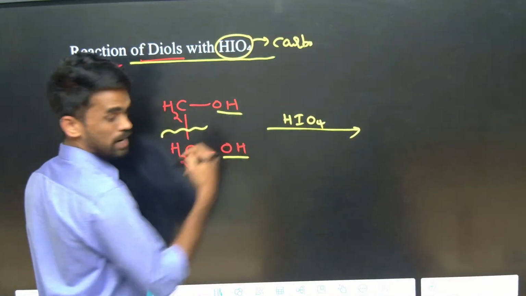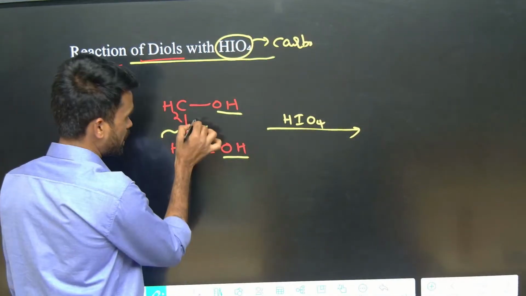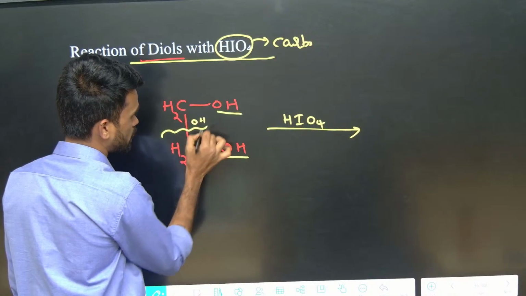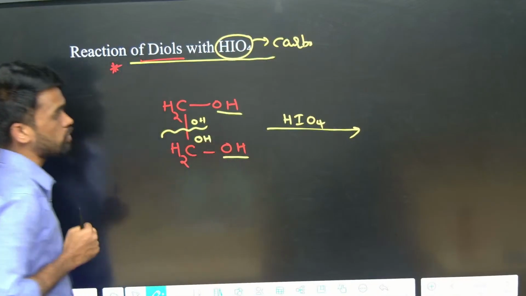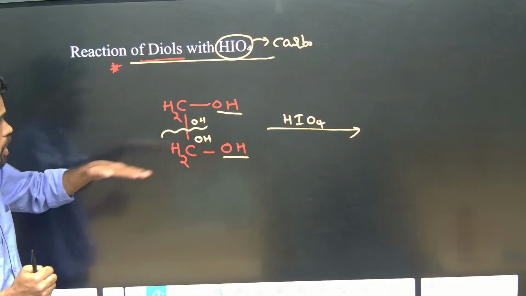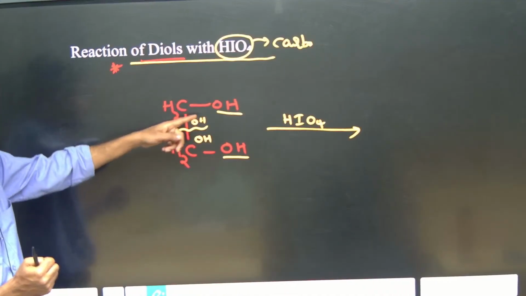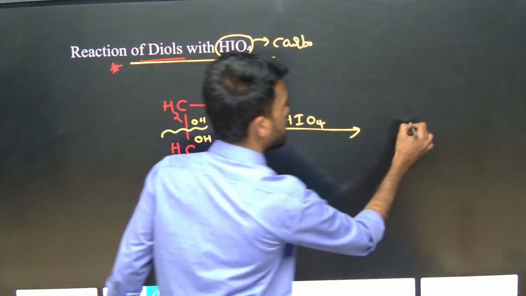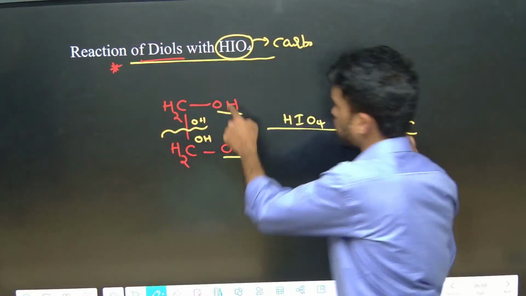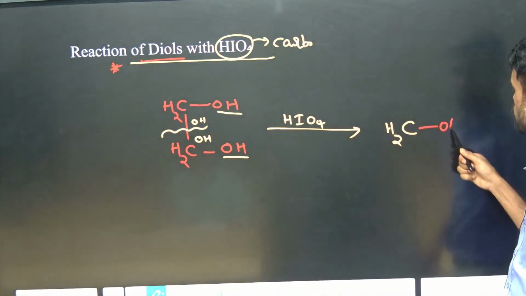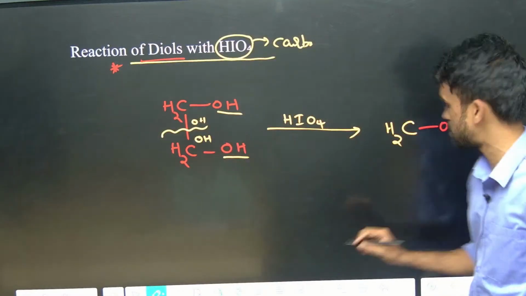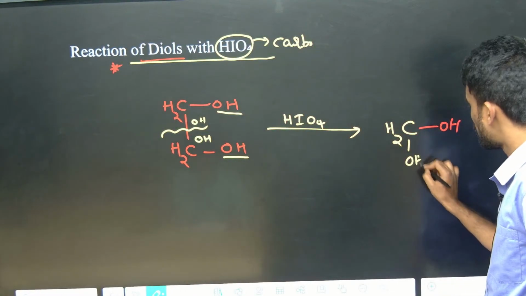In periodic acid, insert one OH group over here and one over here. So the carbon-carbon bond is broken and OH is inserted. That's it. So you can write the CH2 group, already one OH group is there, and one more OH group we are inserting here, like this.